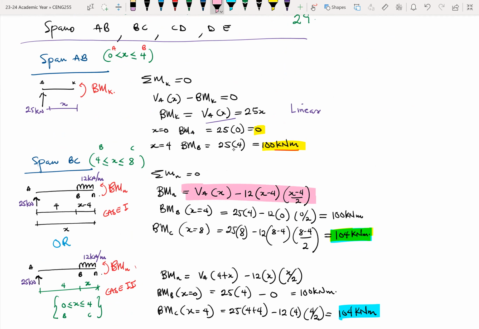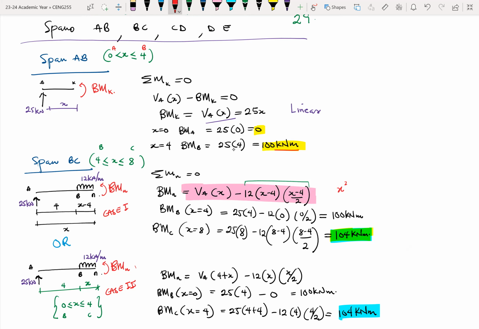It's VA X minus 12 into bracket X minus 4, X minus 4 over 2. If you were to expand and simplify this part of the equation, you would realize that the highest exponent of X will be squared.